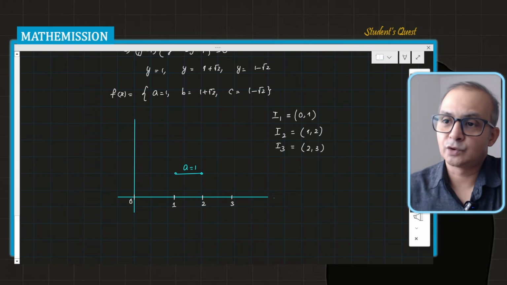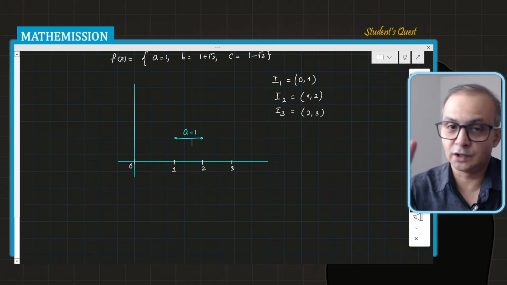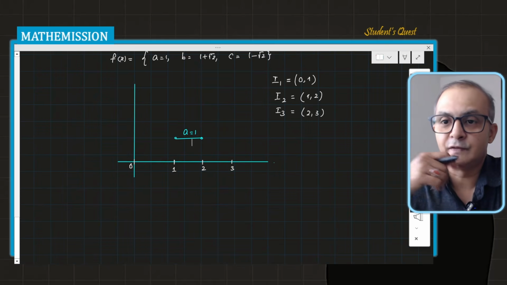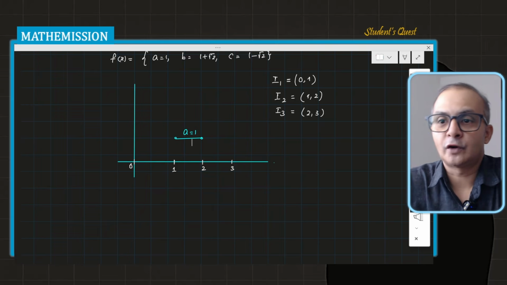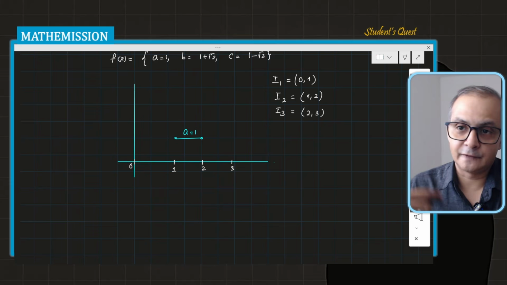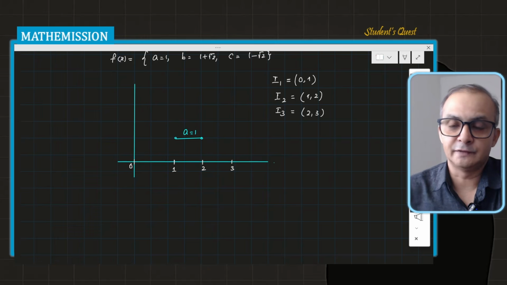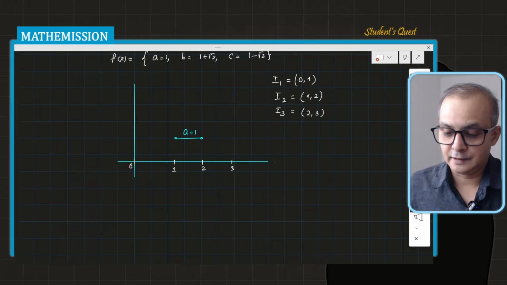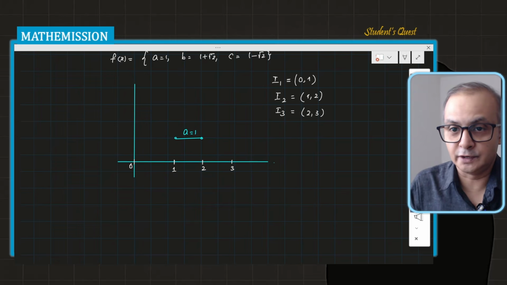Now in this situation, what are the possible cases in which the function is not continuous at all the mentioned points? We will count, and if we count for a equals 1, then I will give the value b and the value c, and then the answer will come. So let's see what we can do here.